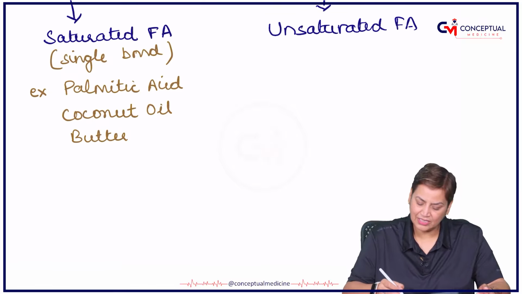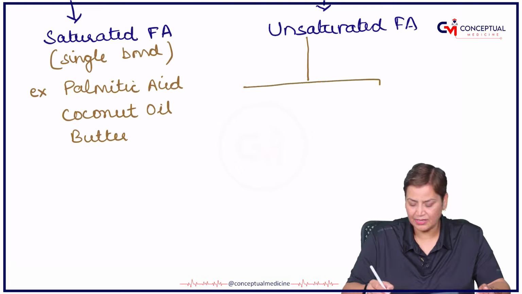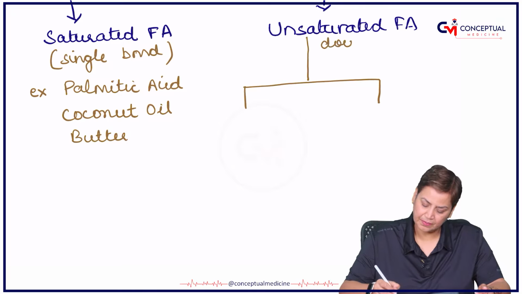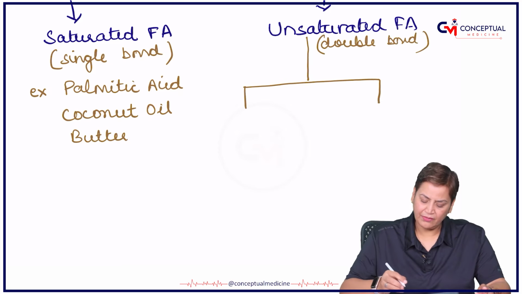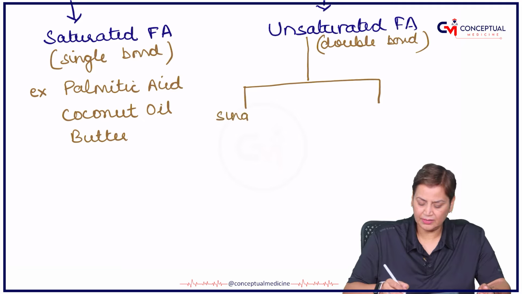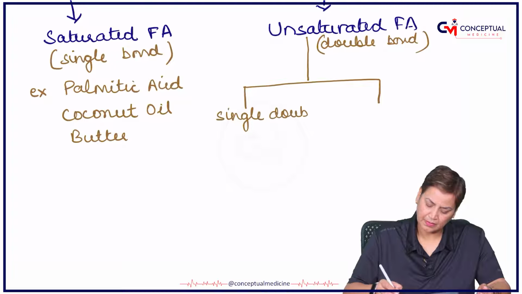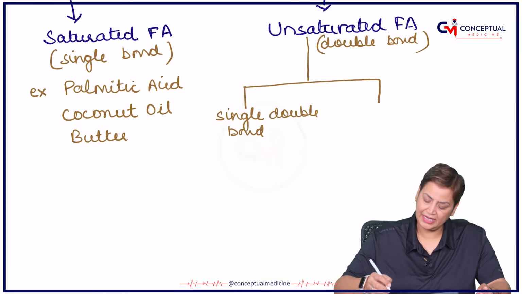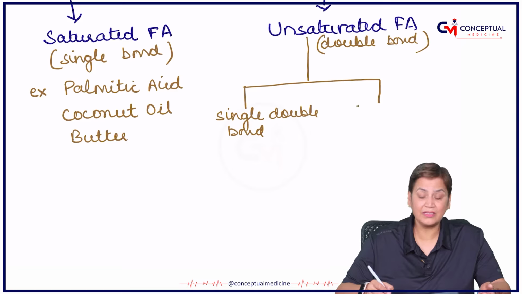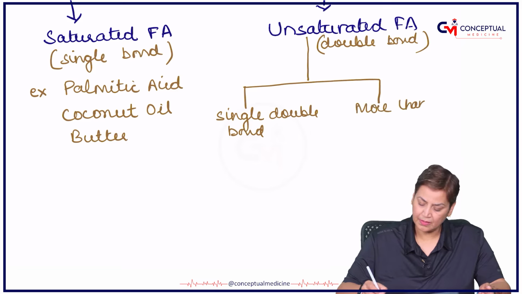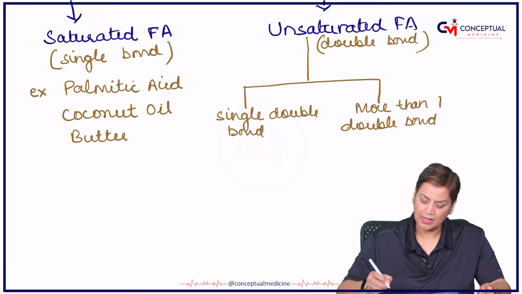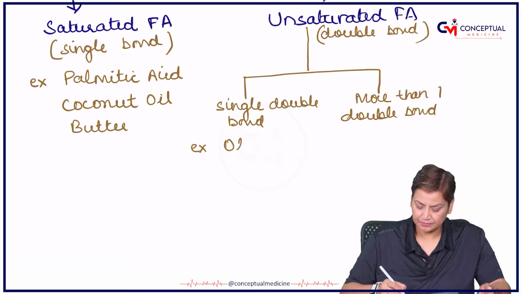And unsaturated fatty acids have a double bond. They can have a single double bond, or more than one double bond. With a single double bond we can quote the examples of oleic acid or palmitoleic acid.